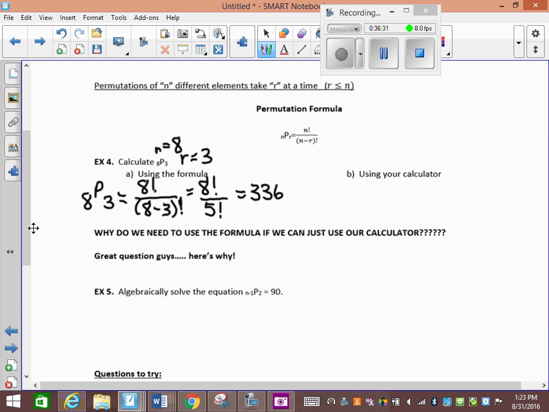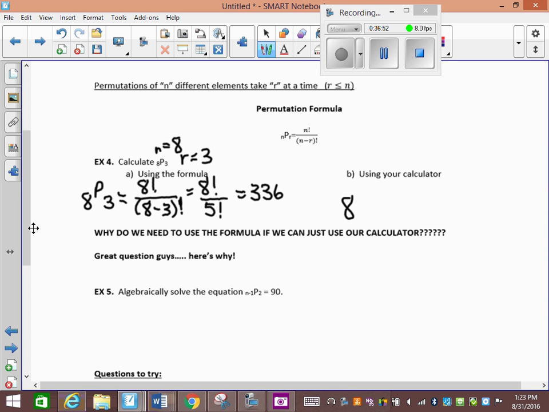There's also an nPr button in your calculator. It's a good thing to have, but it doesn't always help. So we're going to go 8P3. How do you punch it in your calculator? Press the 8 button. Try it on your calculator, press 8.